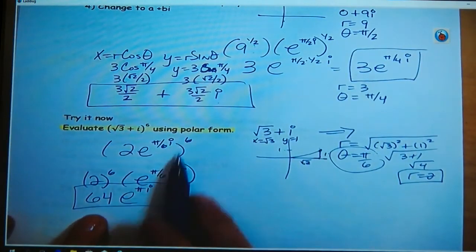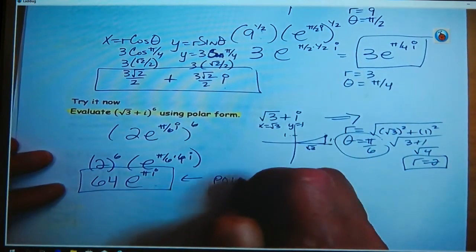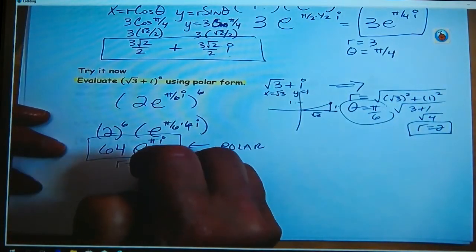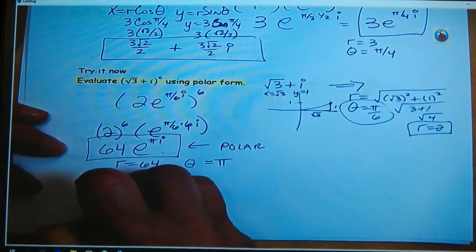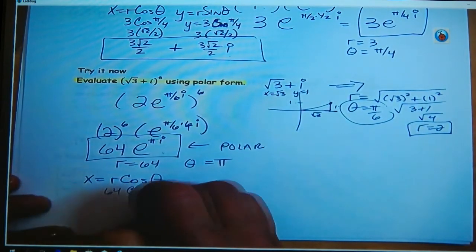Now I'm going to ask you to write it in standard form. Now this is the polar form, but to write it in standard form, no problem. r equals 64, theta equals pi, x equals r cosine theta, 64 times the cosine of pi.